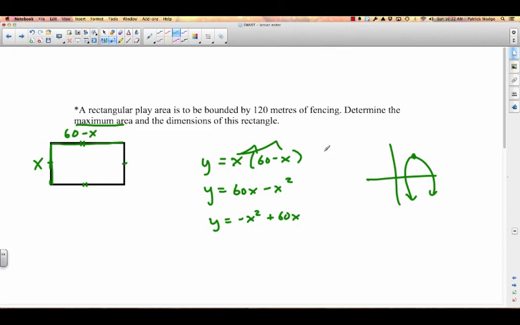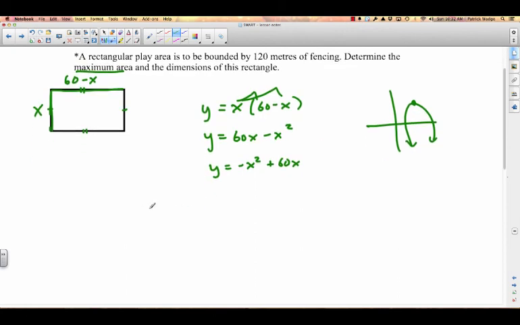Alright, it's time to find the vertex. Once we find that, we're going to have our answer. So the x value of the vertex is equal to negative b over 2a. b is 60, so negative 60 over 2 times, what's the a value? Negative 1. So you get negative 60 over negative 2, which equals 30.